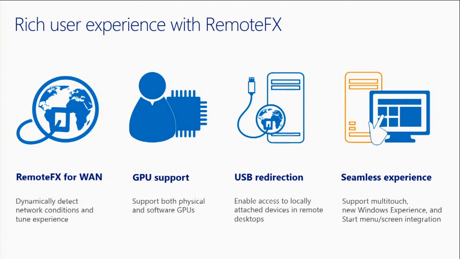We also have GPU support. The idea that maybe you've got some applications that work better with a GPU. Now, if you don't have a GPU, the nice thing is with Windows 8, we'll emulate a GPU on the CPU. So if you've got applications that are accelerated and want to take advantage of a graphics card, they'll still run. We'll just use the CPU. Performance won't be as good as if you had a native GPU. But you can still run applications.